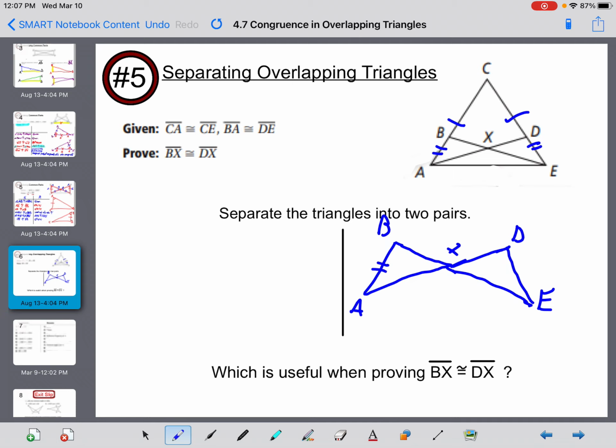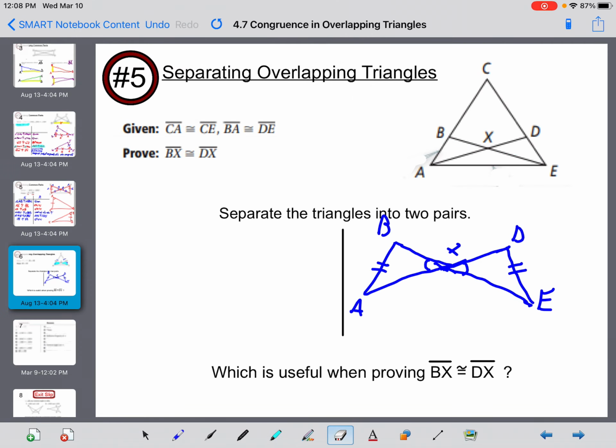And what we know is that BA is congruent to DE and that we have vertical angles here, on our bow tie. So this is only our first pair right here. This triangle and this triangle.